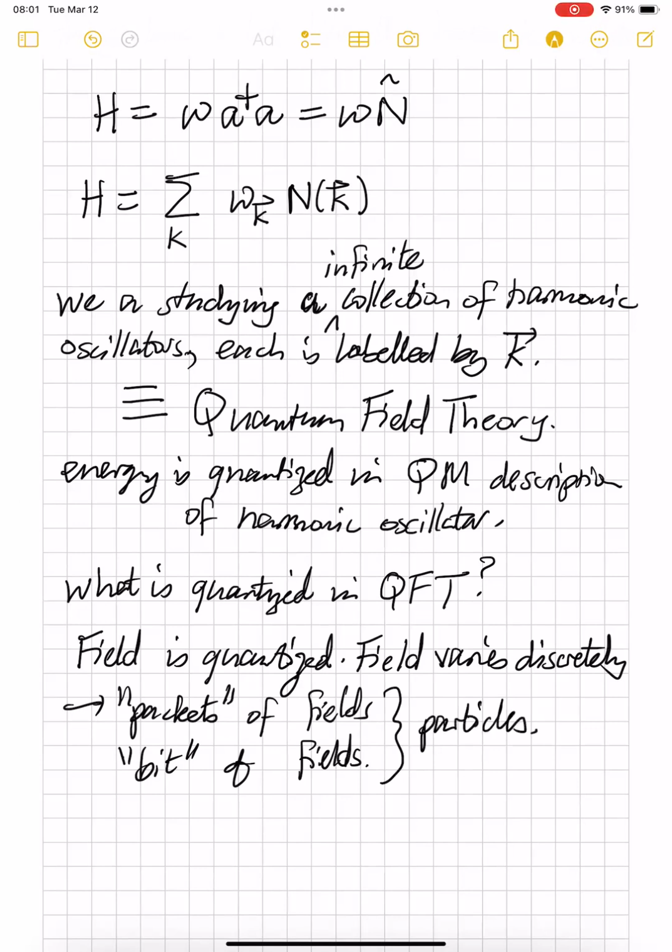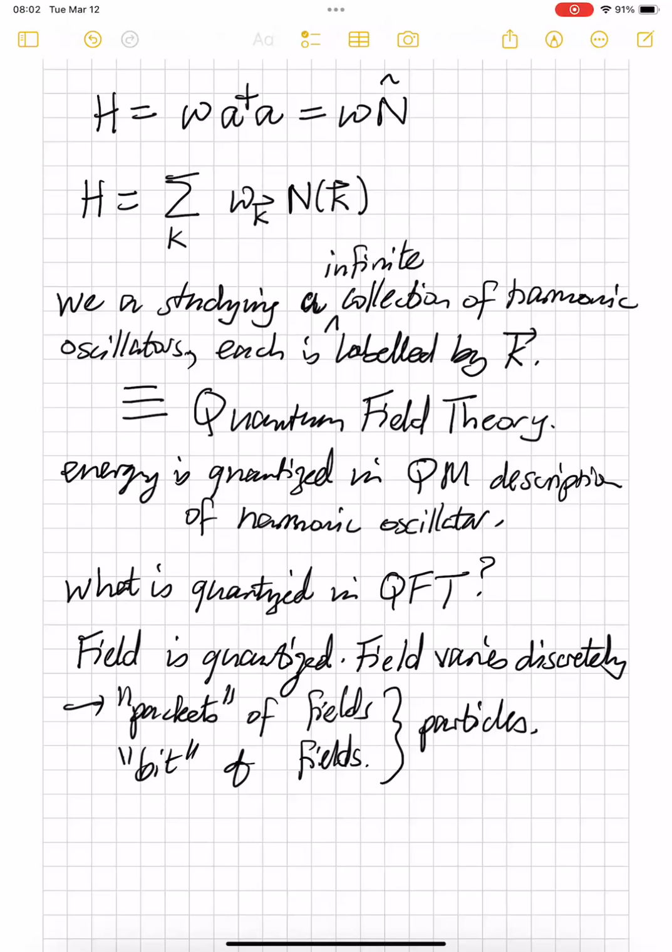So the electromagnetic field is made up of bits, and each bit of the electromagnetic field we would call a photon. In fact, every field in nature is quantized, and the quantum of all of those fields corresponds to a particle. So there are electrons, these are particles, but electrons are the little bits of an electron field. There are positrons.